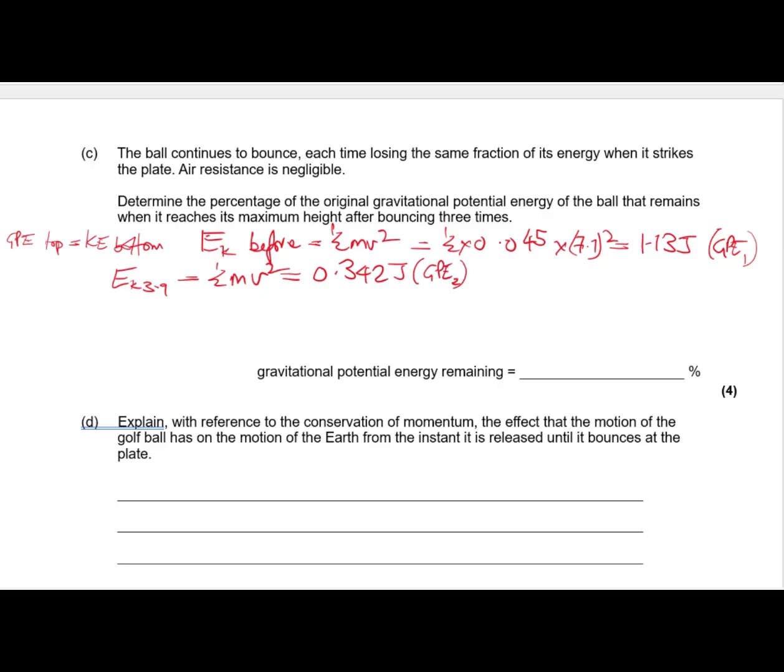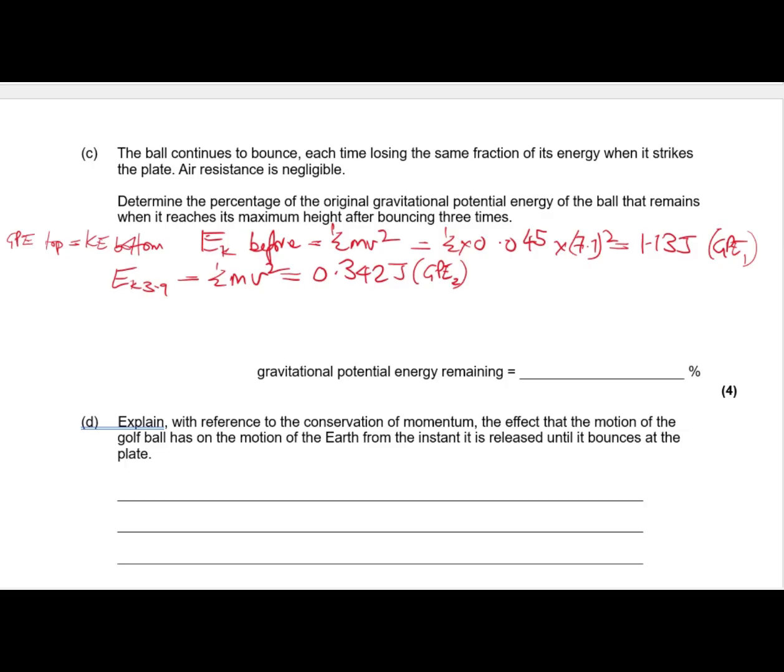So clearly, the GPE2 is going to be smaller than GPE1. So the height of the rebound is smaller. I've got the mass, I could work out the height of a one. But what I can do is work out how much 0.342 is as a fraction of 1.13, so that you'll see how much energy has been lost or how much energy remains.